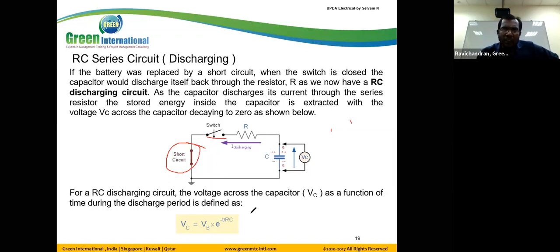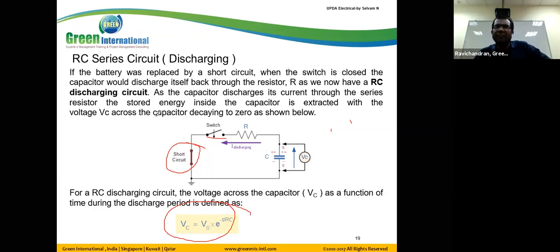So this is the formula for the discharging: Vc is equal to Vs into e to the power of minus t by RC. Here also we are using Vc, and for charging also we are using Vc. So don't confuse the two equations.